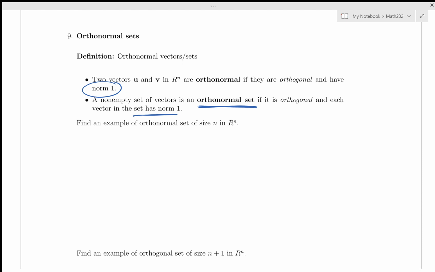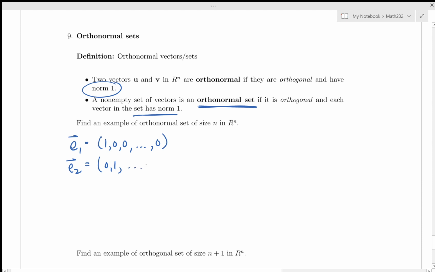Okay, so let's just give an example in Rn of an orthonormal set. So that is what we've already in fact seen. If I take E1 like this, 1, 0, 0, 0, and then I take E2, 0, 1, like that, and I continue going all the way, and I get En.